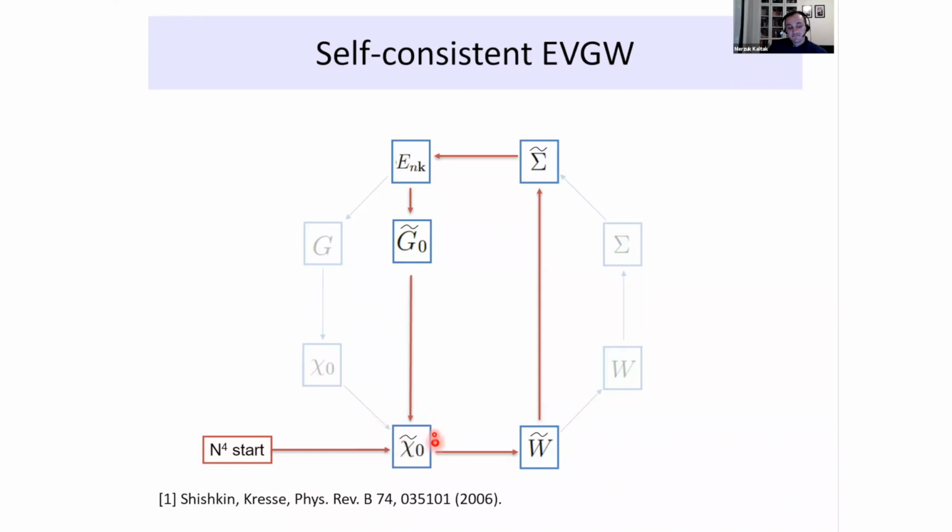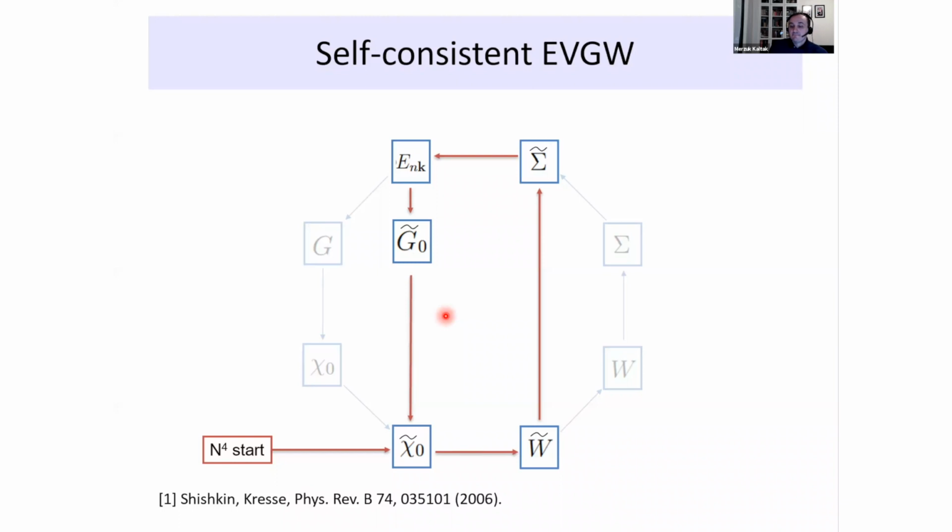You start again from the direct computation of the polarizability, go over to the Dyson equation, so go over to the screened interaction, then the self-energy, get new quasi-particle energies, update the Green's function, and now recompute the polarizability with this Green's function, and then close the loop and iterate, okay? So this would solve the GW Hedin's equations self-consistently, at least approximately.